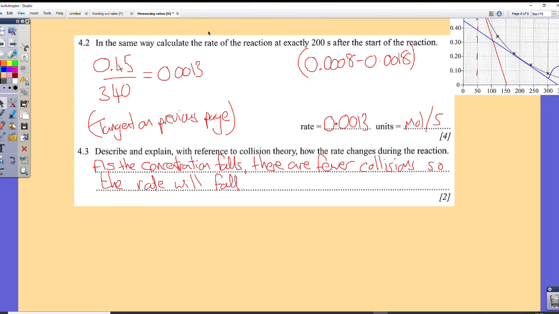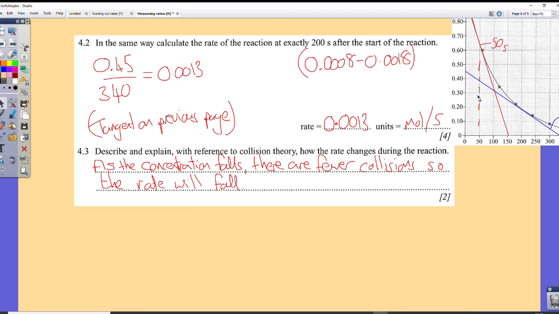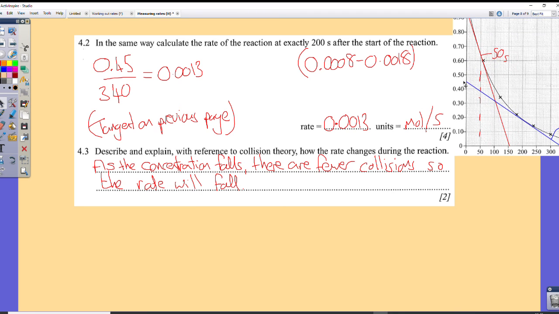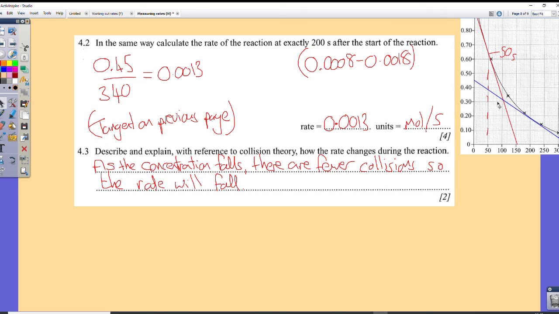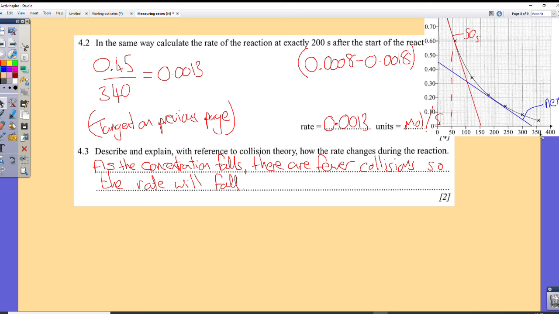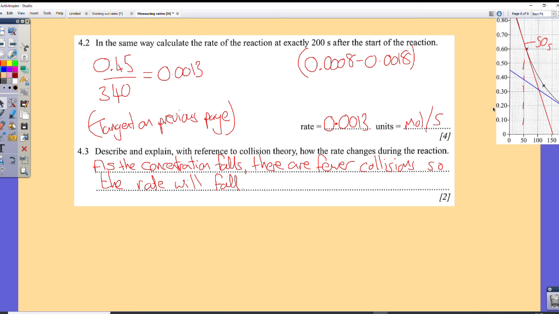Using the same graph from last time, we're going to say in the same way, calculate the rate of reaction exactly 200 seconds after the start of the reaction. So here I've got a copy of the graph from the last page, and at 200 seconds we have to draw another tangent, so that's that one there, and I've got that as 0.45 is the amount of substance left over, divided by the time, which I got to be about 340 seconds.